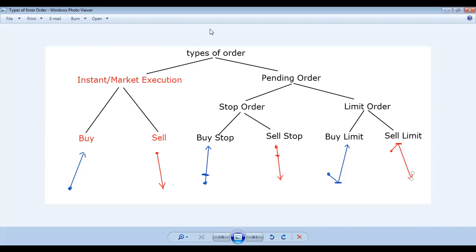Okay, I want to write on the whiteboard here. So we said that for instant execution, if you meet the market at this price, 1.23456, and you place an order on that same price, it's instant execution or market execution.